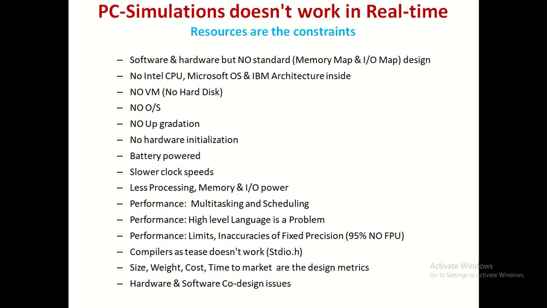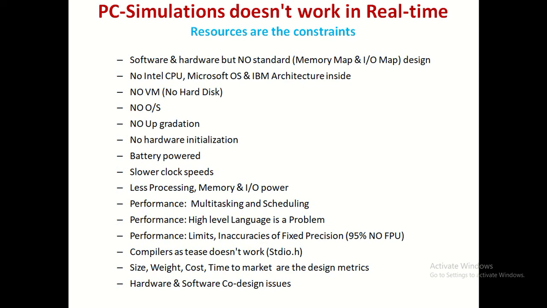A CPU which is working on 3.7 gigahertz is drawing watts of power, which may not be possible in application specific systems. Like in a mobile phone, entire applications are executed on a lithium ion battery, where it is drawing a few milliamperes of current.